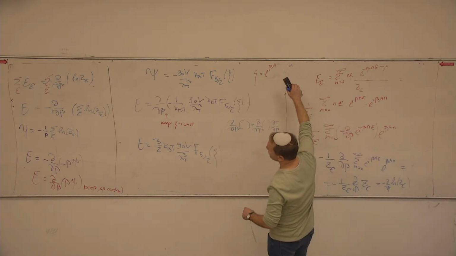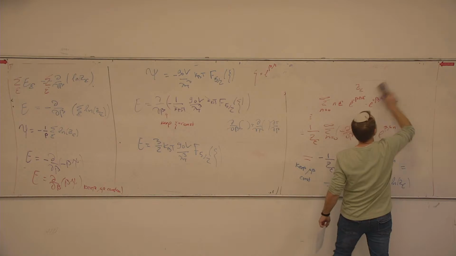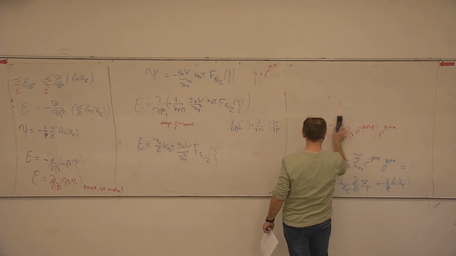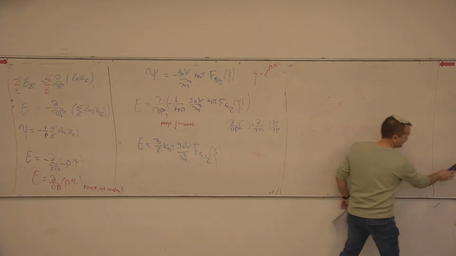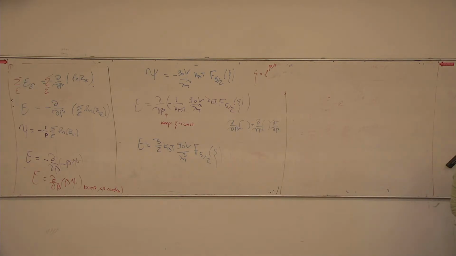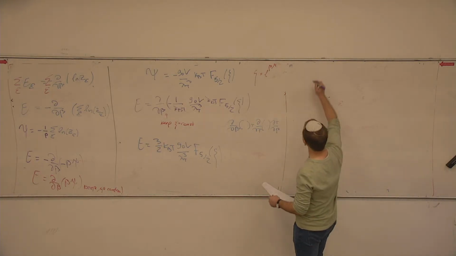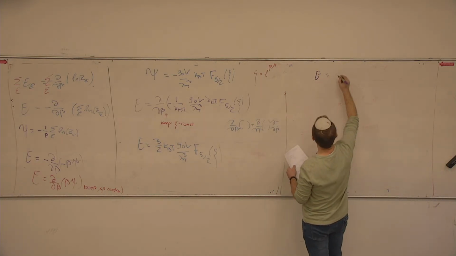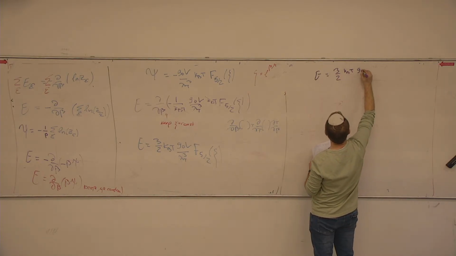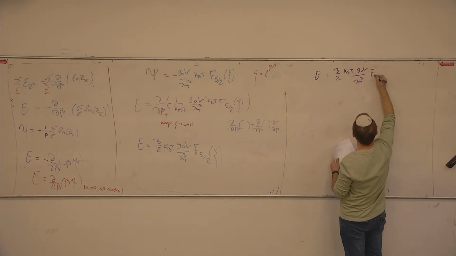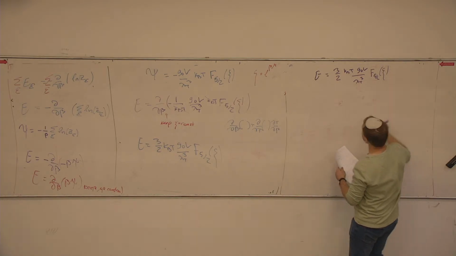So let's try and see what we managed to do so far. I want to describe this in the following sense. So I have E, which is 3/2 k_B T g0 V divided by λ_T^3, f_{5/2} of the fugacity.